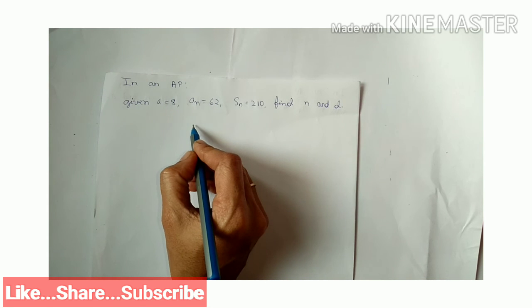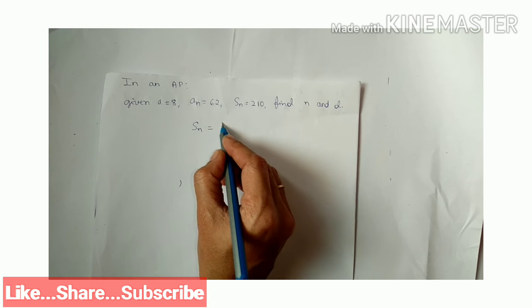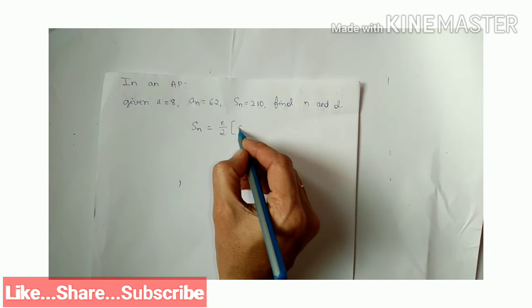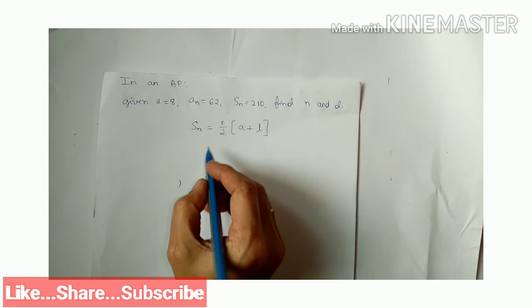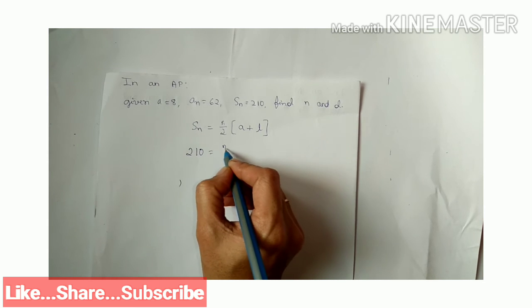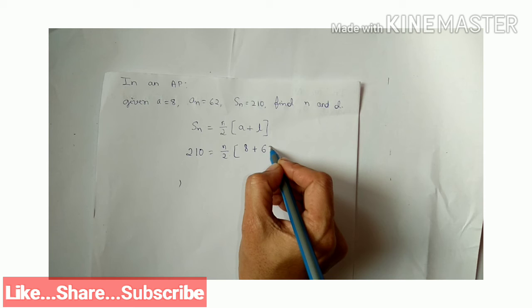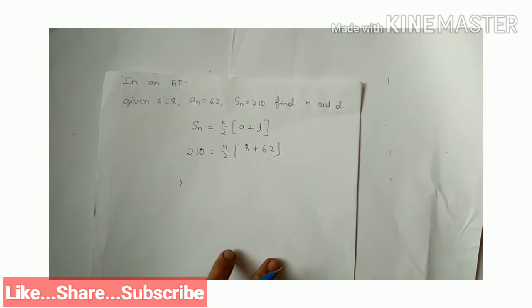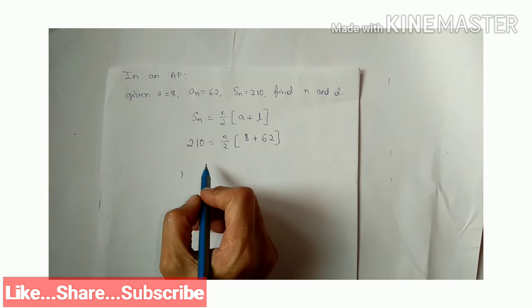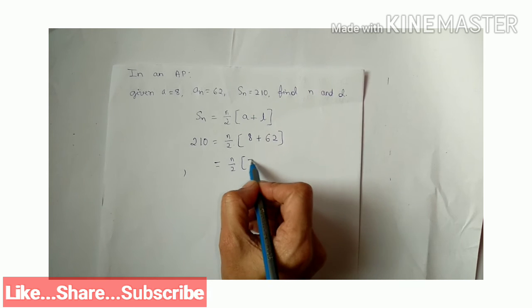So, sum of first n terms, Sn is equal to n by 2, first term plus last term. Sn 210, n by 2, first term 8, last term 62. L or An 62. 62 plus 8, 70.